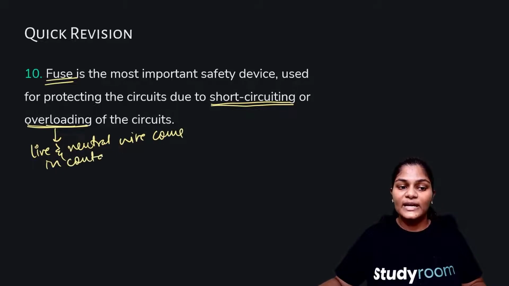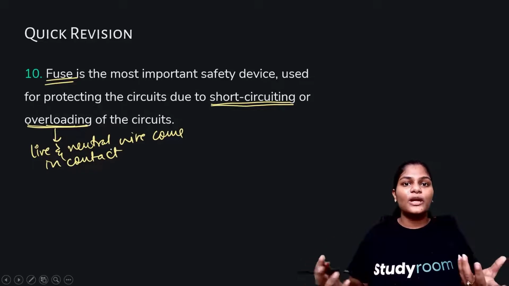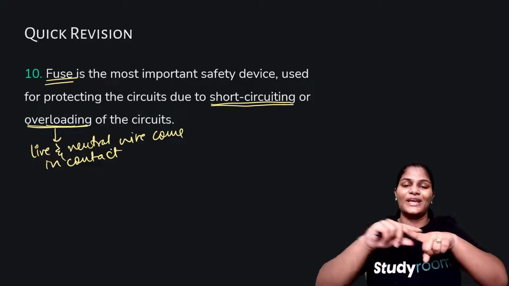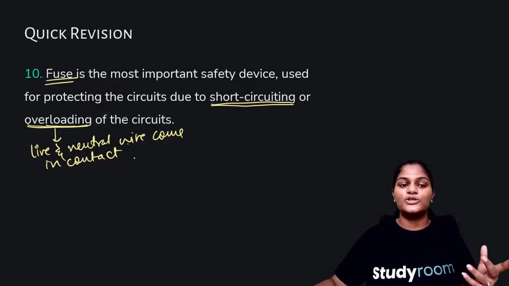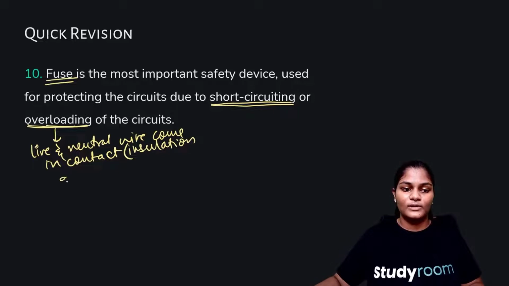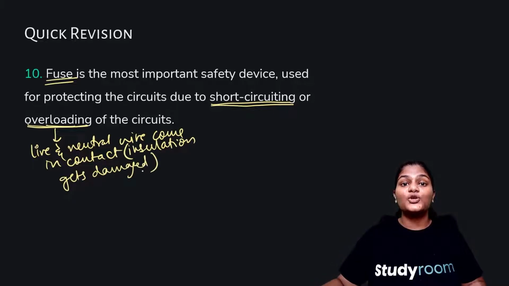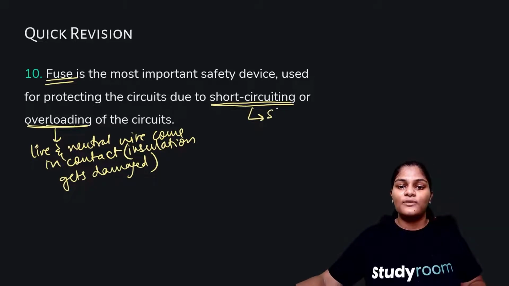And why will that happen? They normally don't come in contact because they have insulation, a coating on them so that they don't touch. If the insulation or coating gets damaged, they come in contact, and what happens? There is a huge spike in the current, which is known as short circuiting.